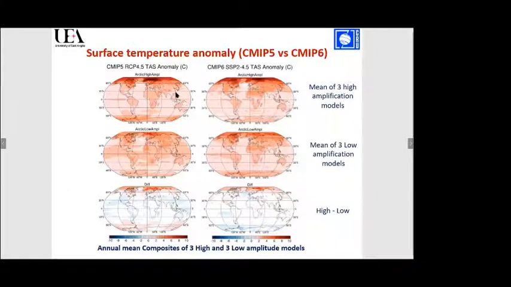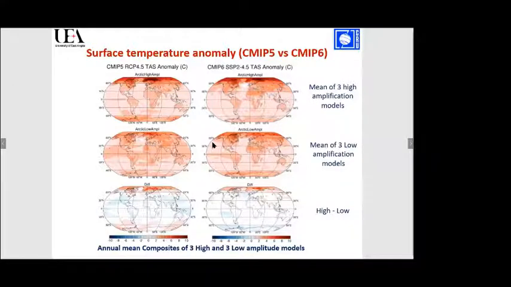Even though it looks quite similar in CMIP6, the high amplification model is warmer in CMIP5 models. But in the case of the low amplification model, CMIP6 is warmer than CMIP5 over the Arctic regions. However, the low amplification model in CMIP5 simulates warm anomalies over the low latitude regions compared to CMIP6.